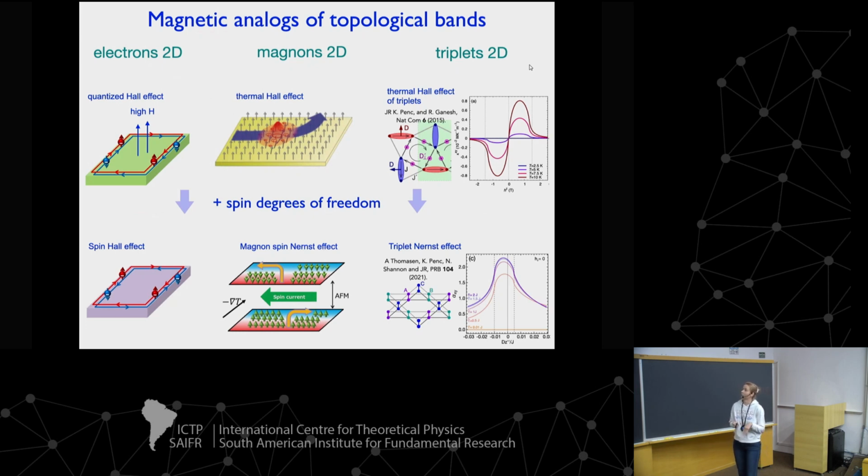These are interesting because, first of all, we don't need explicit bilayers if we want to have some kind of flavor for our excitations, because the triplets are naturally spin-1 particles, so we have three flavors for them. We showed in our previous work that they can exhibit Chern bands, and also may be good candidates for Z2 band topology as well.